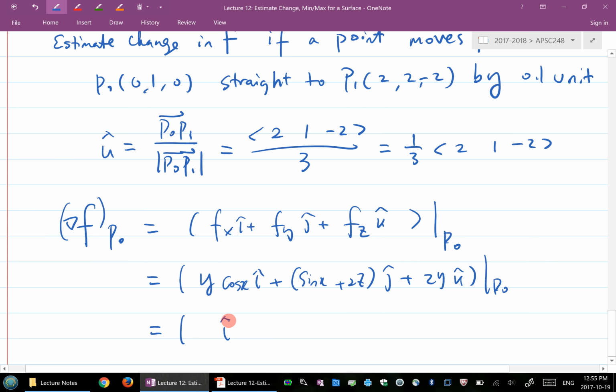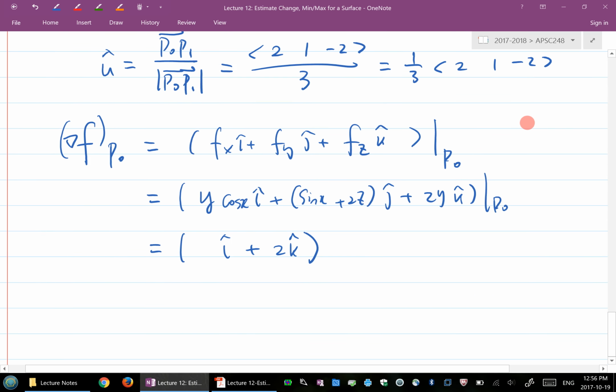The second term is sine 0, which is 0. The last term is 2y, so 2 times 1, which is 2k hat. So that's your gradient vector at the P0 location.